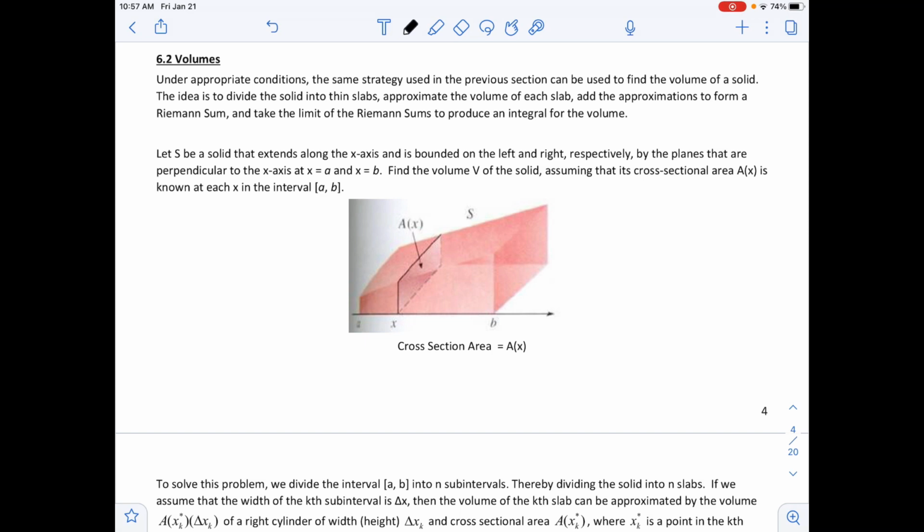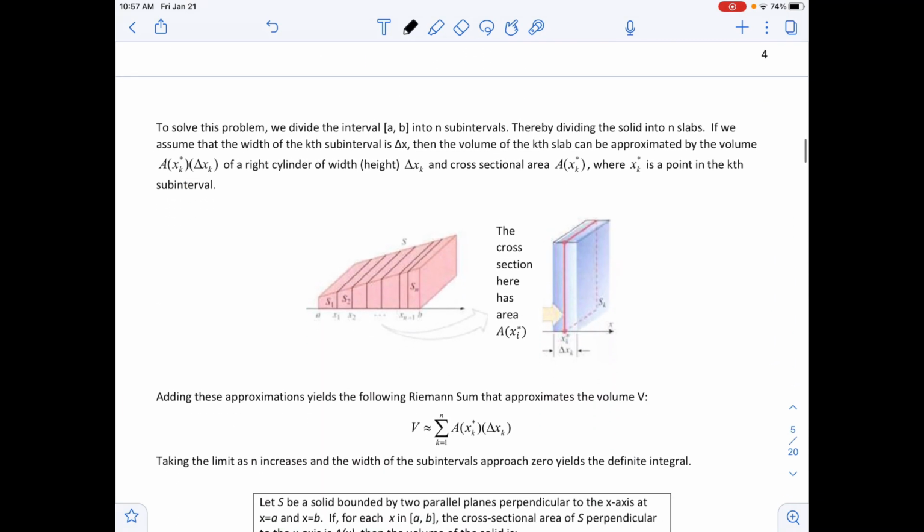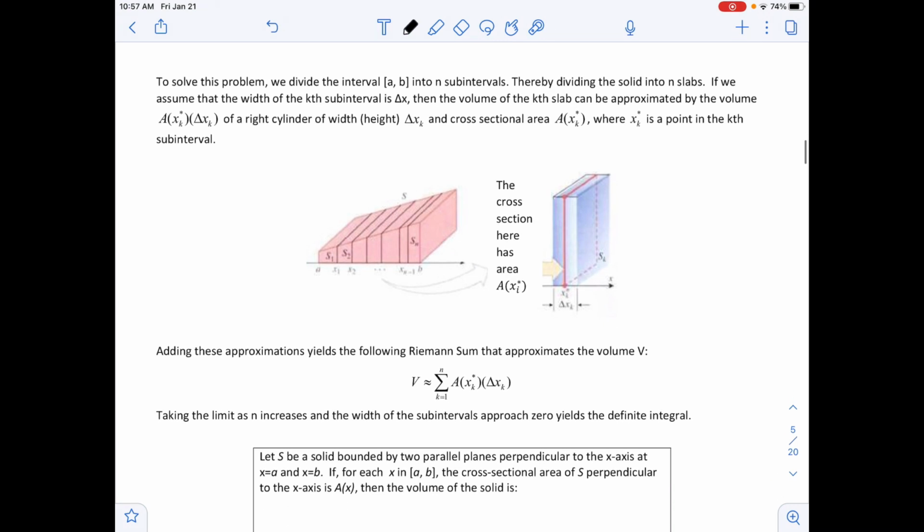So to solve this problem, we divide the interval A to B into n subintervals, thereby dividing the solid into n slabs. If we assume that the width of the kth subinterval is delta x, then the volume of the kth slab can be approximated by the area times that width.